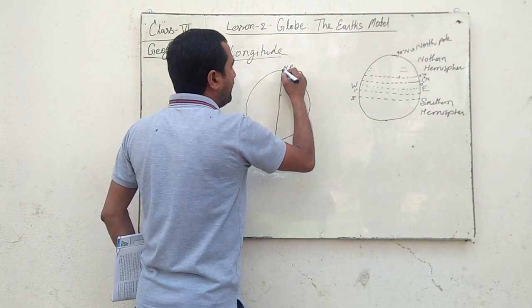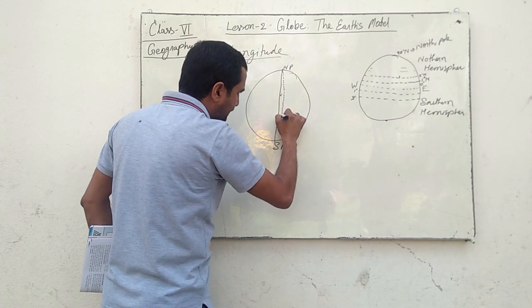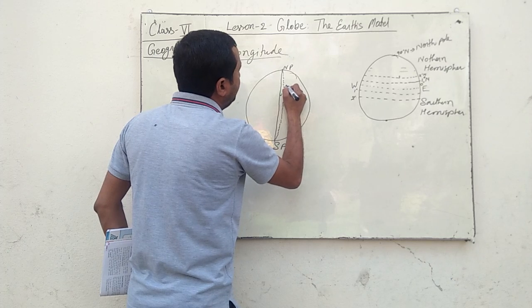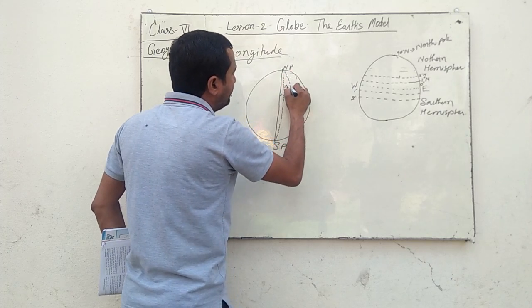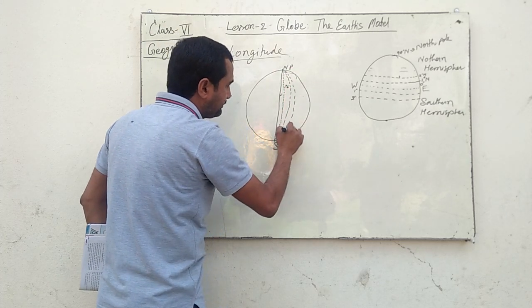If we draw another such line, same concept, 1 degree east, 2 degree east, 3 degree east.